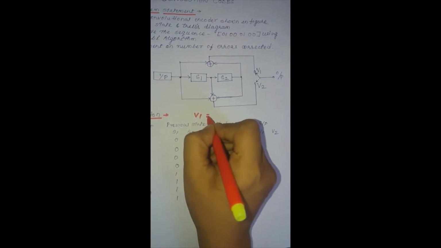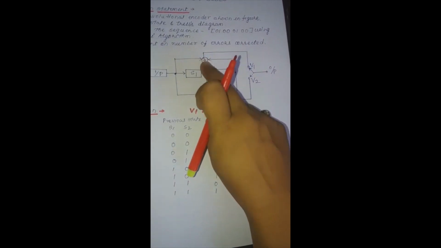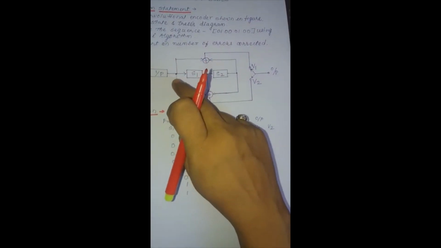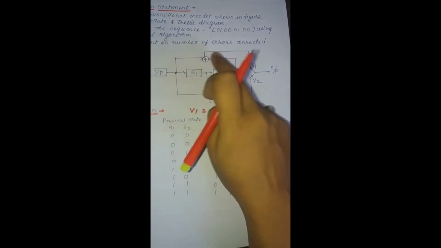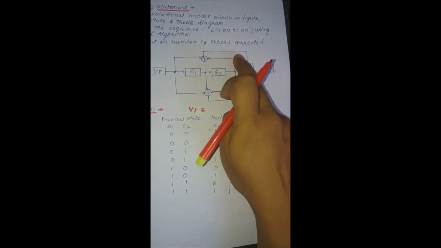Now how to write the values of V1 and V2? Obviously, we need to write the equations for V1 and V2. From the circuit diagram, we can see V1 is the output of the upper modulo 2 adder, which has its inputs from input M and output of S2.